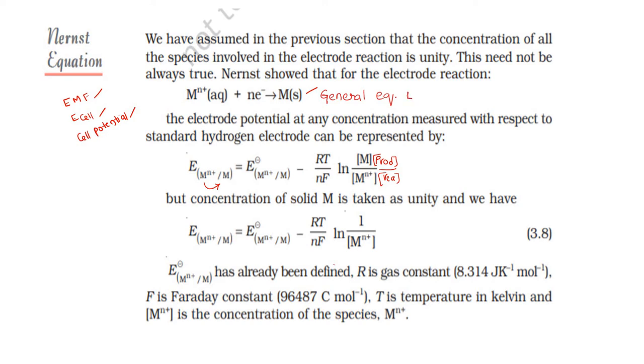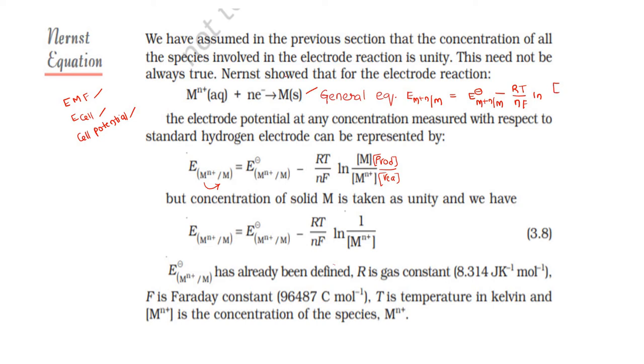Now E for M^n+ converting into M is equal to E naught M^n+ by M, minus RT by n, the number of electrons, into F, natural logarithm ln concentration of product.